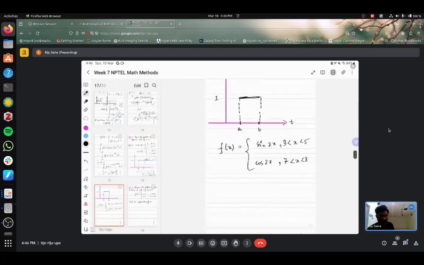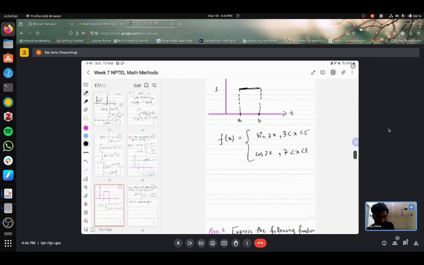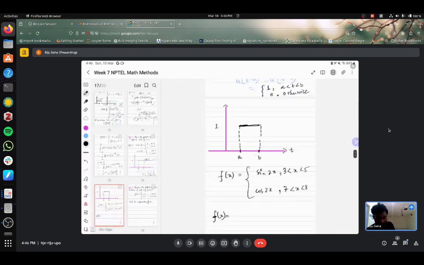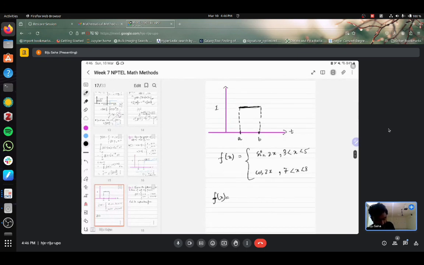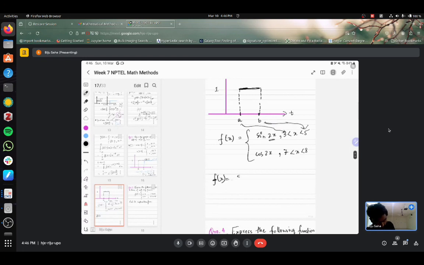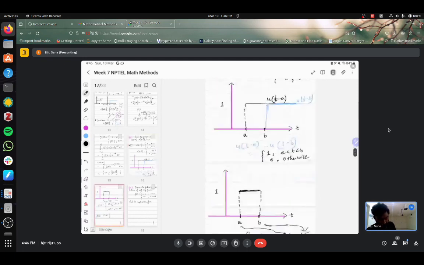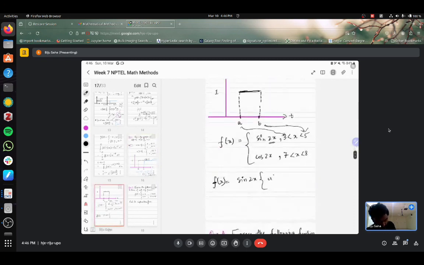So easily you can pick out these ranges. You know that your step function is non-zero within this a and b. So for this first part, if you just write that a is equal to 3, b is equal to 5, then you can write your f(x) to be sin 2x times (u(x minus 3) minus u(x minus 5)).